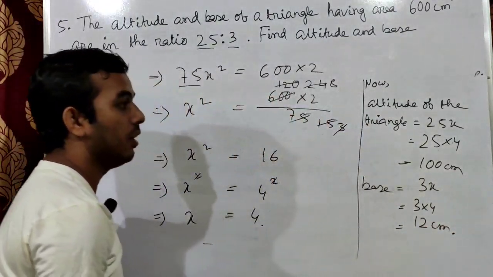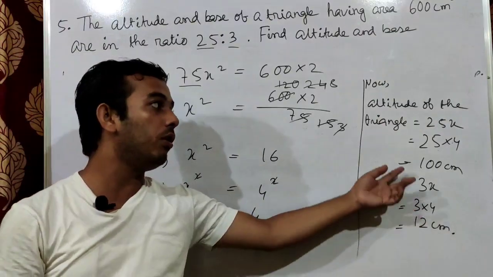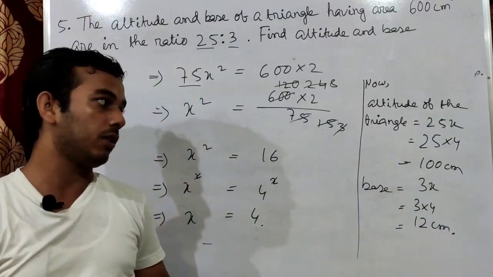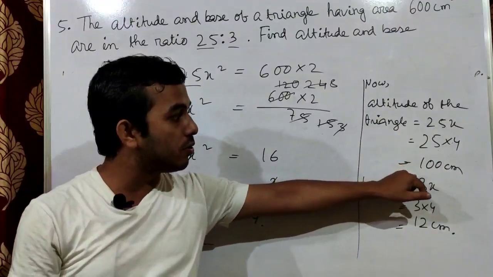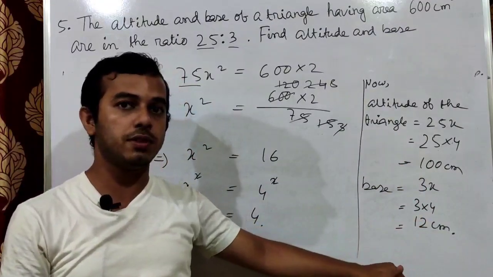Clear? Okay. So we have found the altitude as well as the base. So the altitude is 100 centimeter and base is 12 centimeter.